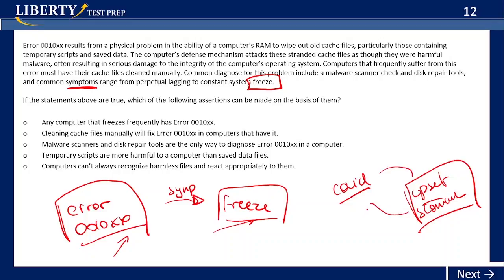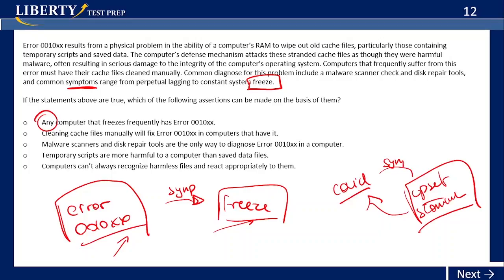Is that easy? No, right? Because a symptom is not something that you necessarily have to experience. You might experience one of the symptoms or not. So you have a list of symptoms. You'll experience maybe most of them, but you don't have to experience all of those symptoms. So this "any" here is too strong. It says that all computers that freeze have this error, and that's not true.